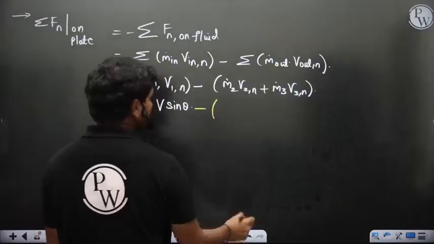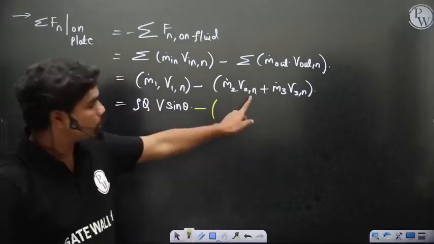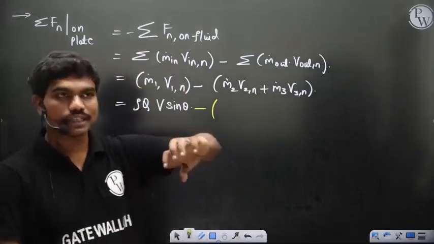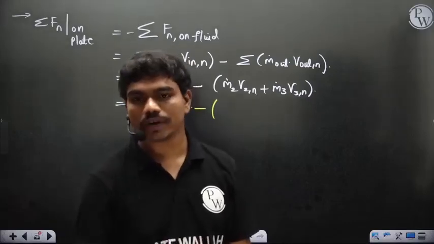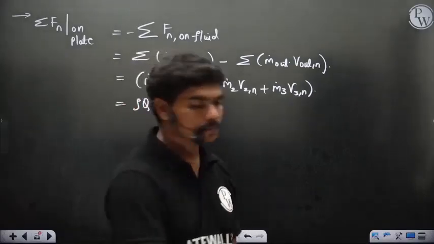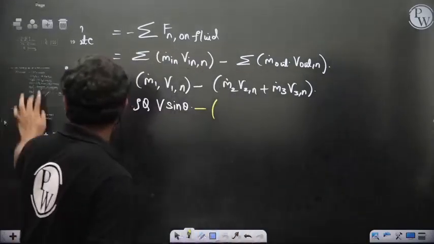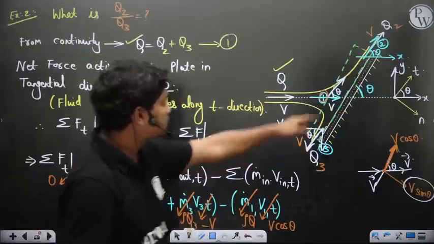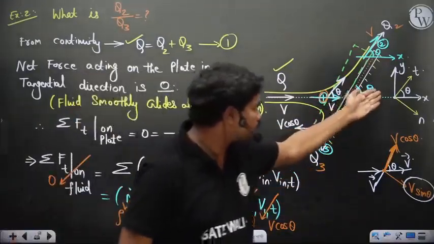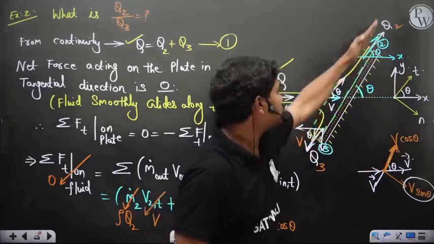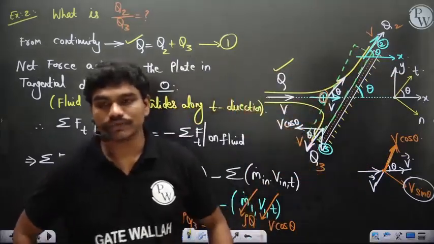Then what is V2n and V3n? Can someone tell me? At section 2 and section 3, fluid is just moving tangentially, correct? In the tangential directions. So what is the normal component of velocity there at section 2 and section 3? Normal is basically in this direction, and this is along the tangential.